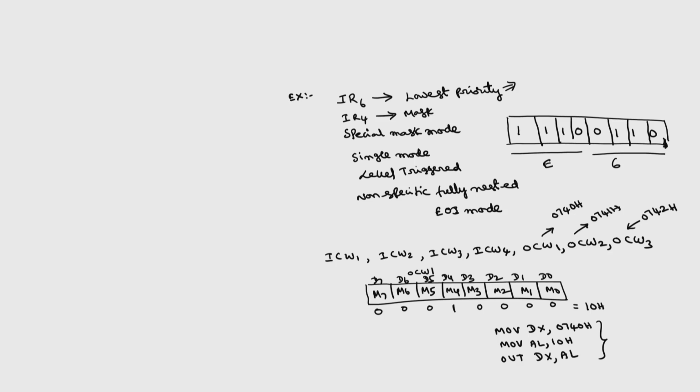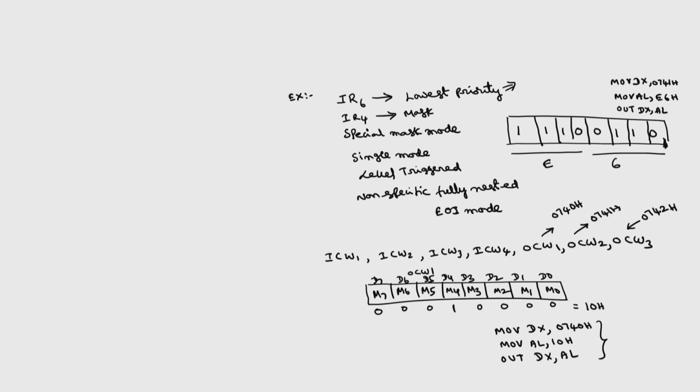The corresponding instructions for this will be move DX comma 0741H, move AL comma E6H, then out DX comma AL.